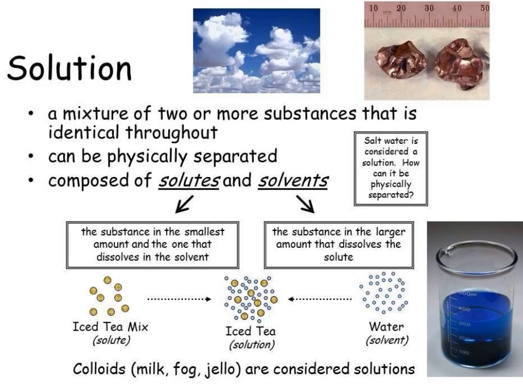Solutions are generally described as a mixture of two or more substances that is identical throughout, which means that even though the mixture is made up of different components, only a single property will be visible.